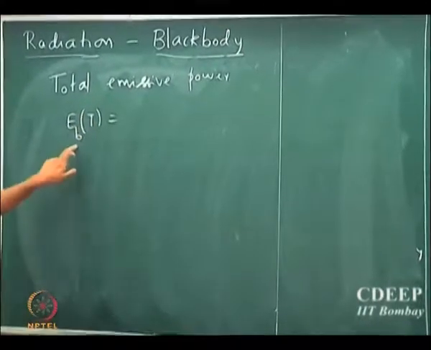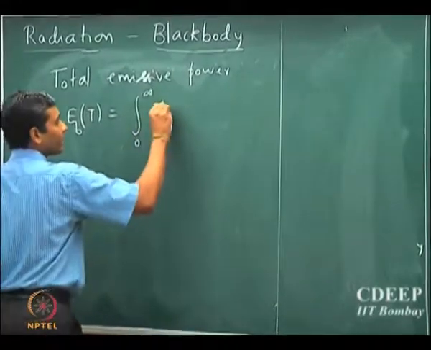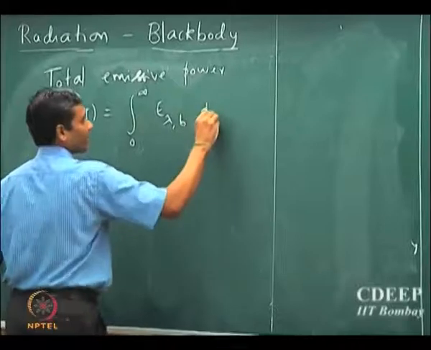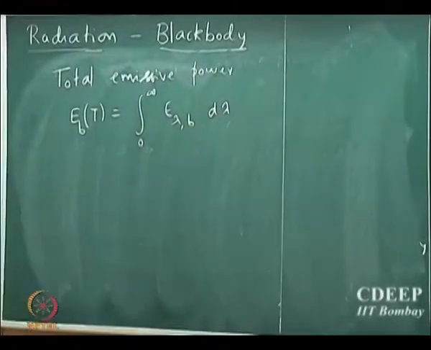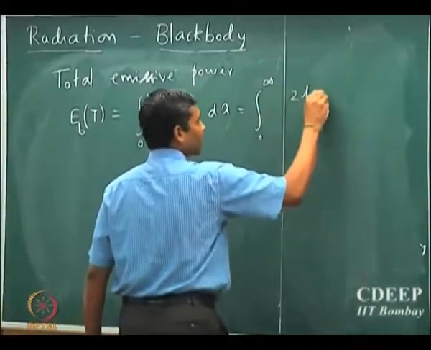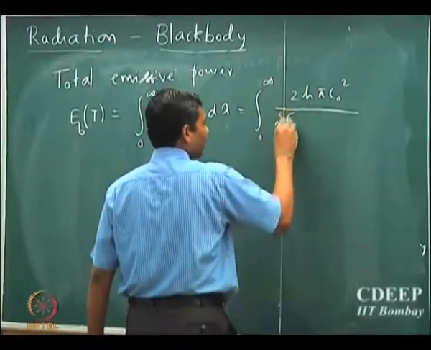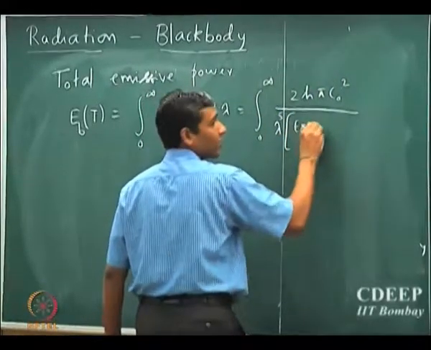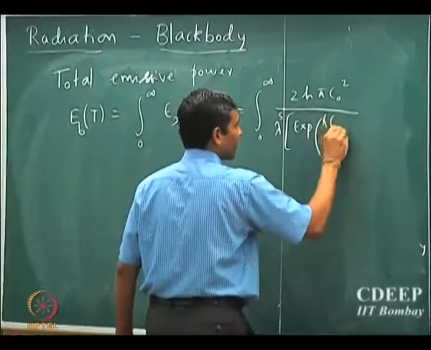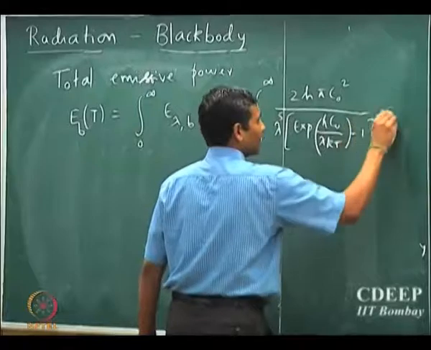I put a subscript b for black body, integral 0 to infinity d lambda. When you integrate this expression, that is integral 0 to infinity 2 h pi c naught square over lambda power 5, exponential h c naught by lambda k T minus 1, d lambda.